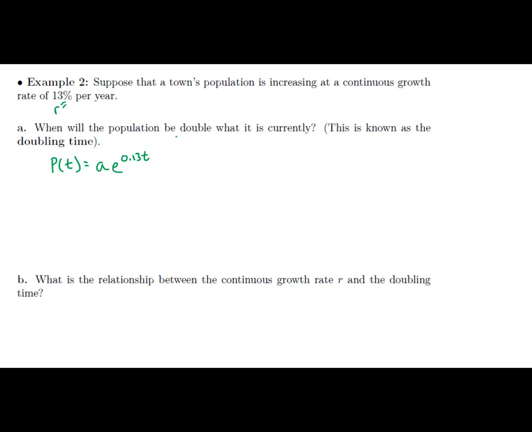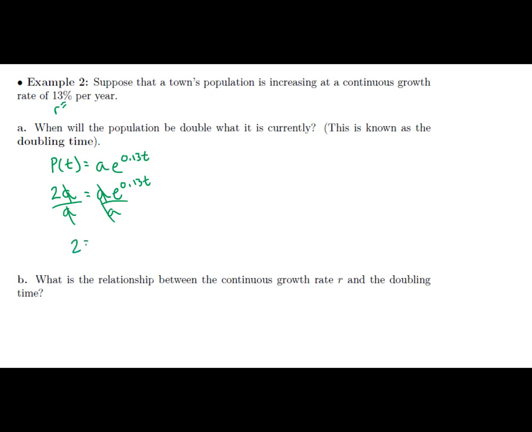So when will the population be double what it is currently? Well, when it is double our A value, our initial population value. And so we can see that A, whatever A was, is not really important as to how long it takes the population to double.